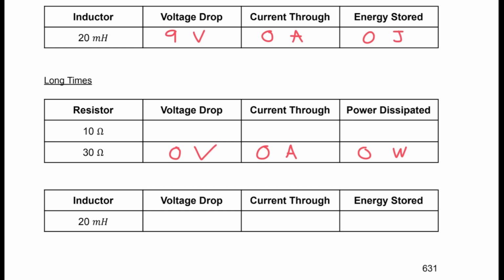The voltage drop was the full battery voltage across the 10 ohm resistor. So the current through it was just 12 volts divided by 10 ohms, so 1.2 amps. And the power dissipated is just those two numbers multiplied together, which is 14.4 watts.